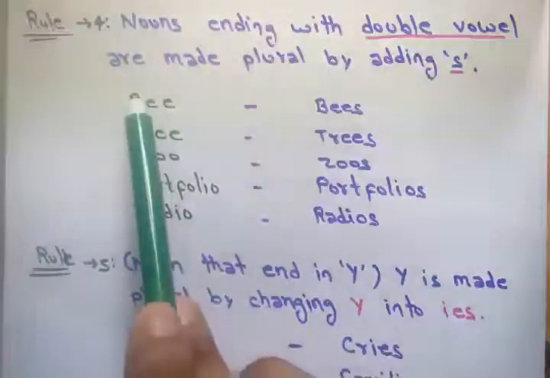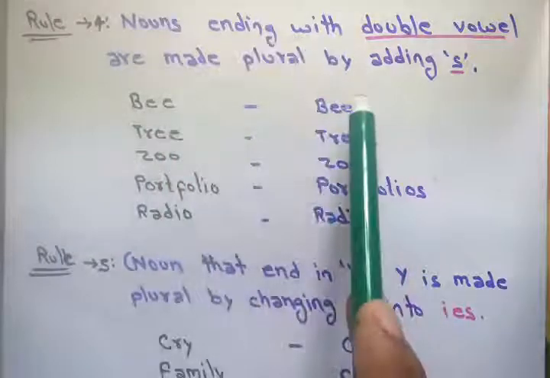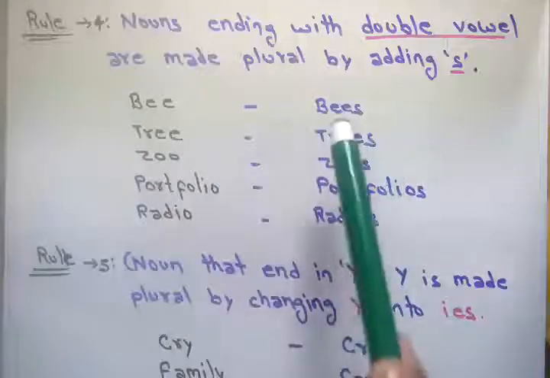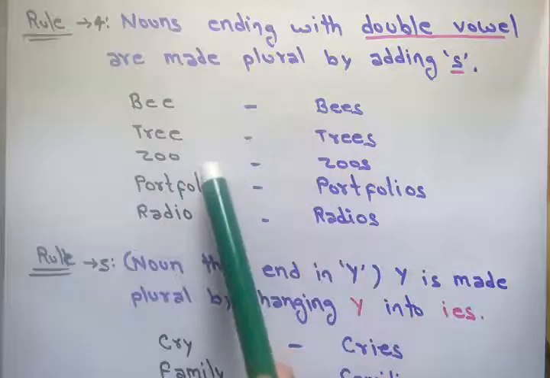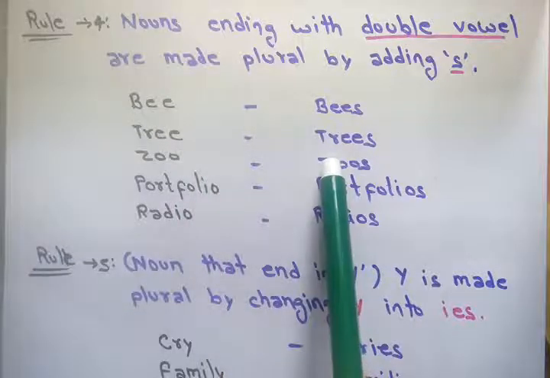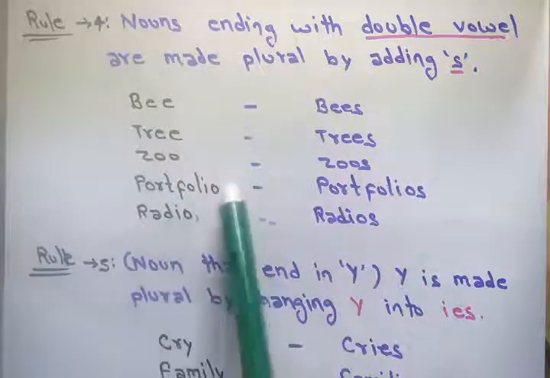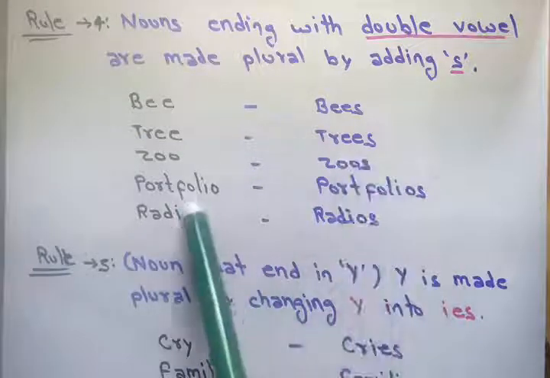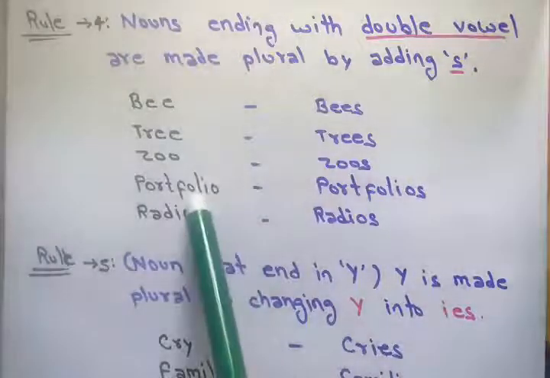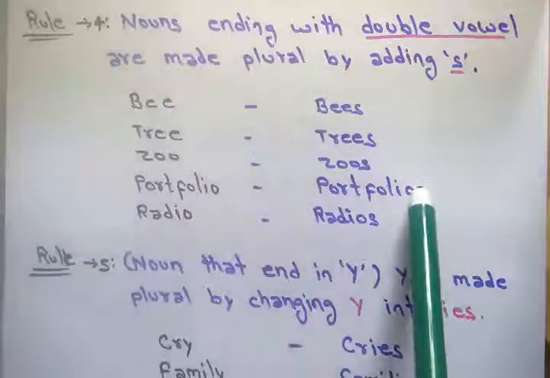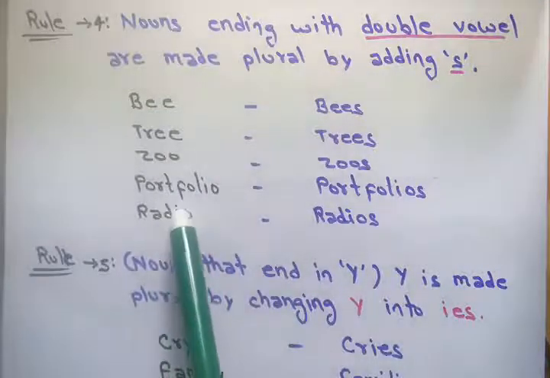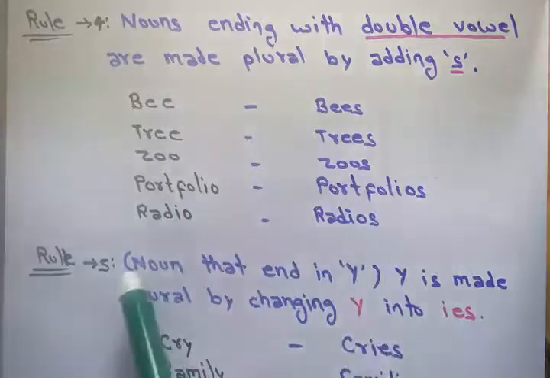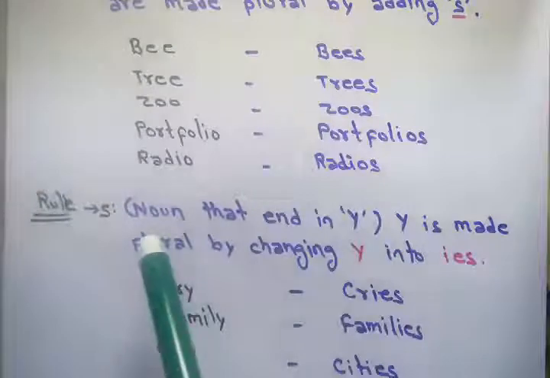For example, bee, we use s here. Tree, t-r-e-e, we use t-r-e-e-s, trees. Zoo, z-double o, zoos. Portfolio, portfolios, here we use s, because they are vowels, i and o. Radio, like above, radios.